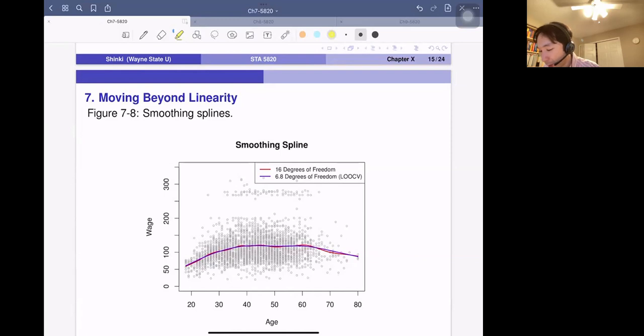So we place knots between every pair of ages. Here the ages run from 18 to 80, so the knots are 18.5, 19.5, 20.5, up to 79.5.